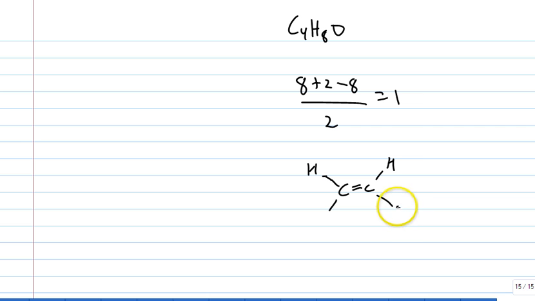And then from here, that would take care of these 2. Or maybe not. Maybe this one hydrogen here is just this one hydrogen here, and these two are somewhere else. No, that doesn't make any sense either.